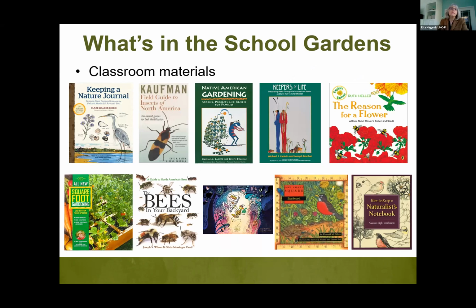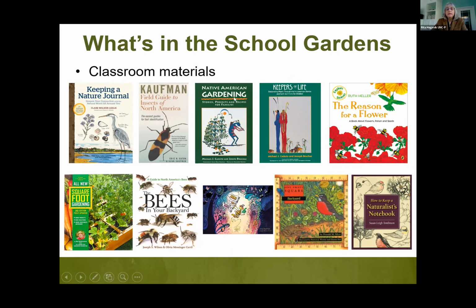And in addition, they will receive classroom materials. Some of these books that the schools receive are for the teachers to help the teachers with the gardens. That would be the Square Foot Gardening book, for example, Bees in Your Backyard, and the Naturalist Notebook. The students will use science journals or nature journals extensively to do their observations in their gardens.